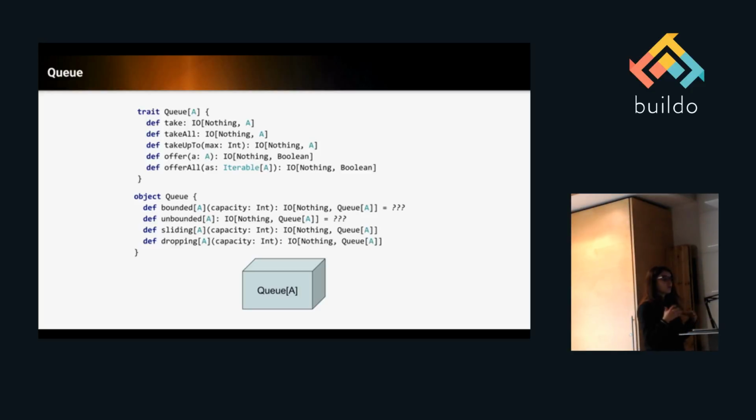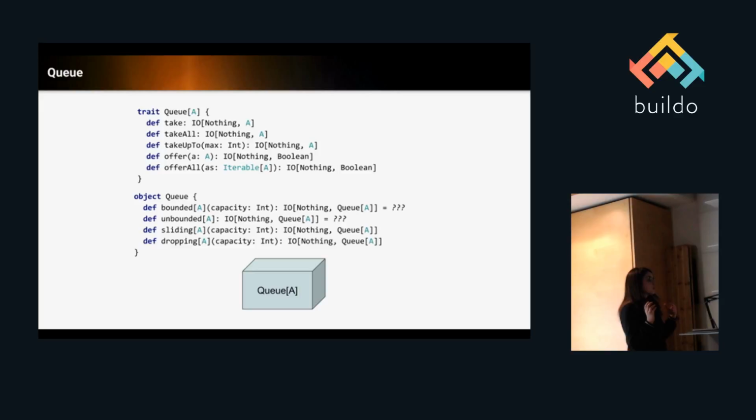And in order to create one, you can use those functions inside the companion object, but it depends which strategy you want to create the queue with. Queue in ZIO has two types: bounded queue with capacity and unbounded queue with infinite capacity.